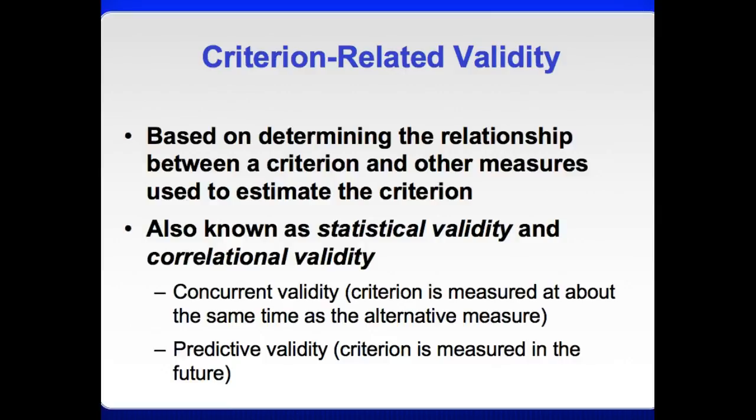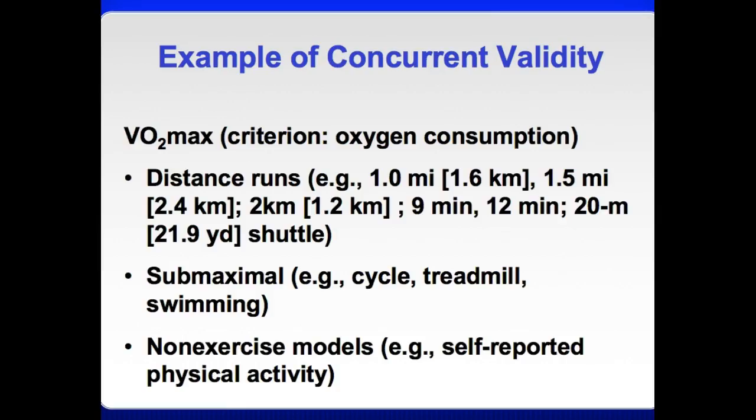Concurrent validity: the criterion is measured about the same time as the alternative measure, and predictive validity: the criterion is measured in the future. Examples of concurrent validity: VO2 max, submaximal cycle, treadmill, swimming, and then non-exercise models, like self-reported physical activity.